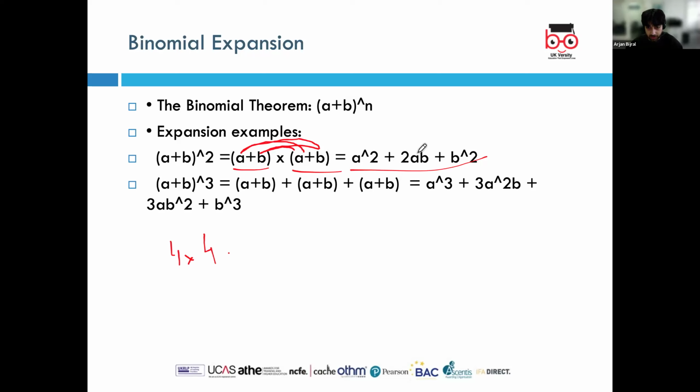Then A times B is 1AB, and then B times A is 1AB, and then B times B is B squared. So what you get when it's combined is A squared plus 2AB plus B squared. Does that make sense?